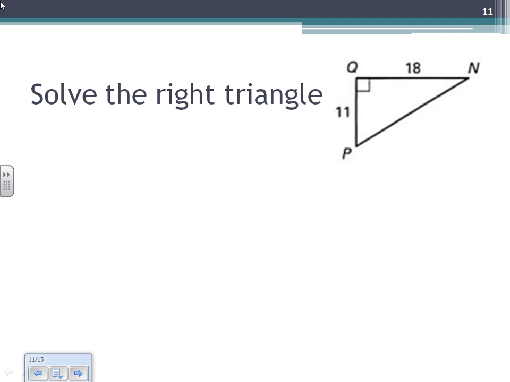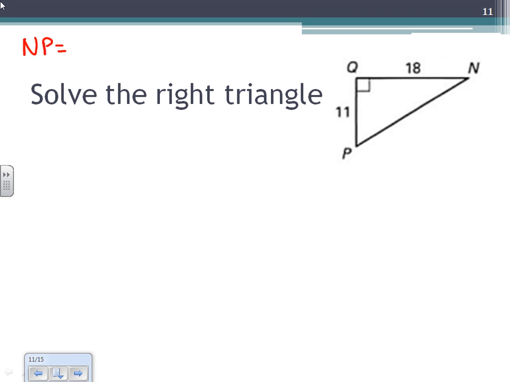Okay, so you're given those 3. Can somebody name one of the 3 things we need to find then? Raise your hand, please. Mario. The hypotenuse, which is NP. Another thing. Taz, what's another thing we need to find? So we have all the sides now, because we had 2 sides and this is the 3rd side.